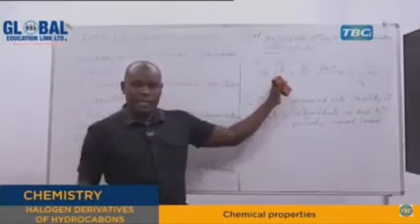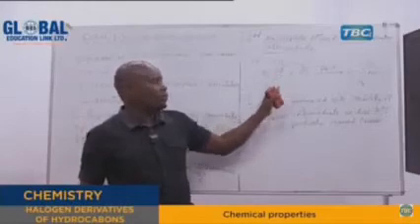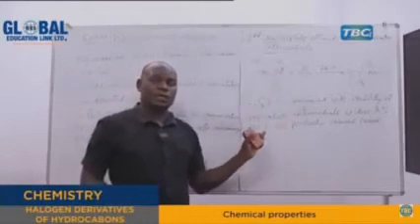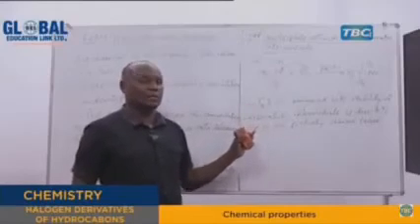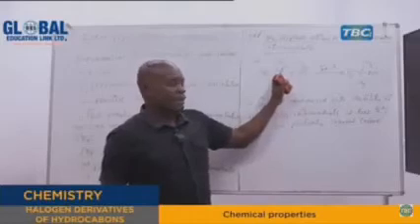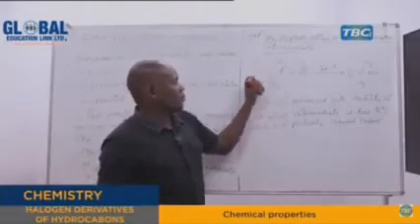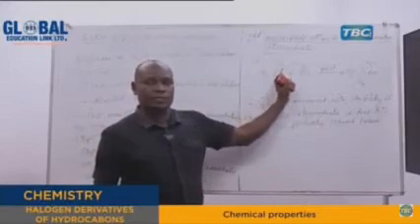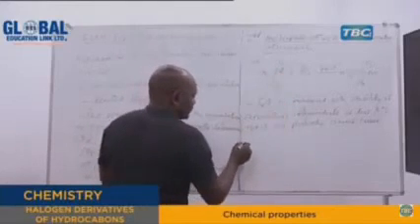the tertiary alkyl halides will be faster in this kind of reaction than the secondary and the primary alkyl halides, due to stability of the positively charged carbonium ion, whereby the alkyl group releases electrons, thereby stabilizing the positively charged carbon.